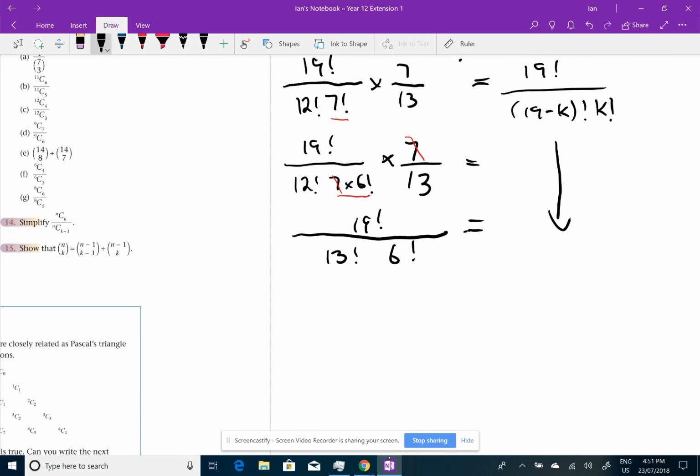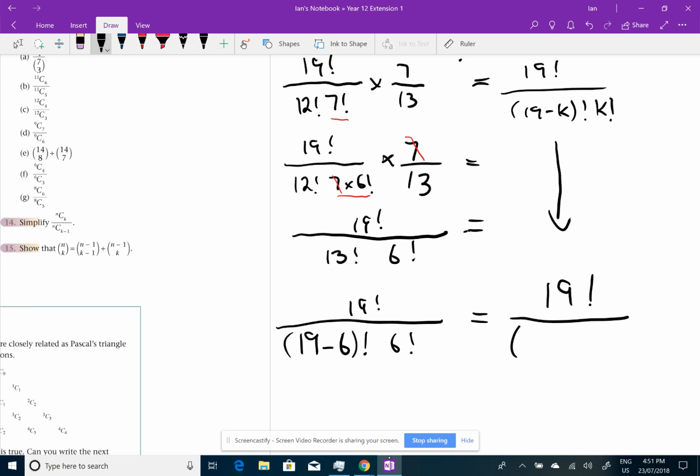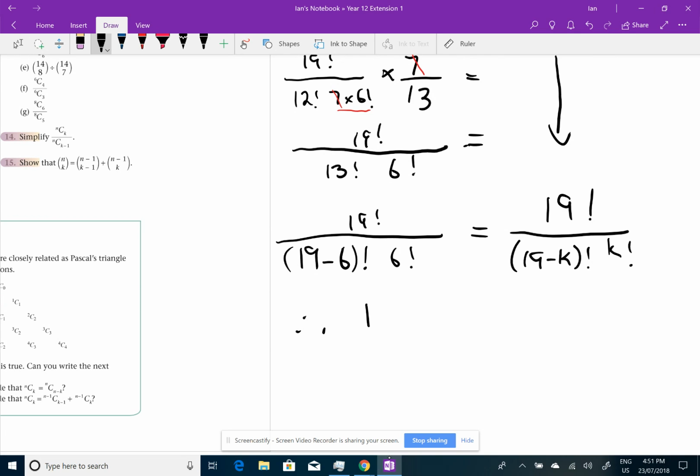And eventually, I get 19 factorial on 19 minus 6 factorial, 6 factorial, and that's got to equal 19 factorial on 19 minus k factorial, k factorial, and therefore k equals 6. Once we've got it in exactly the same form. So that was a bit complicated. And if you're able to do that one, you're looking pretty good.